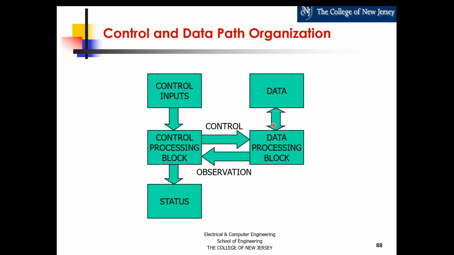So we have read-write interfacing into it, and then we have this control processing block, which tells the data path how to behave. Part of that is also steering the data through the data path.